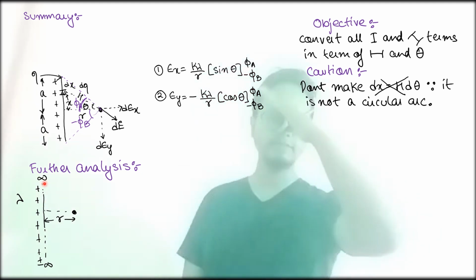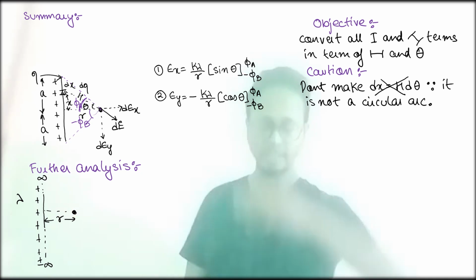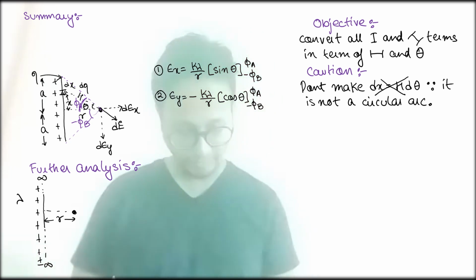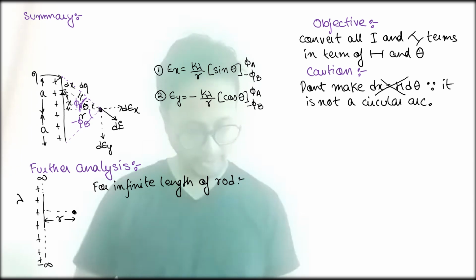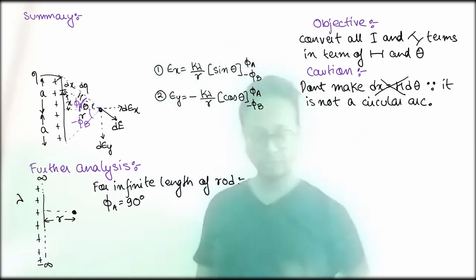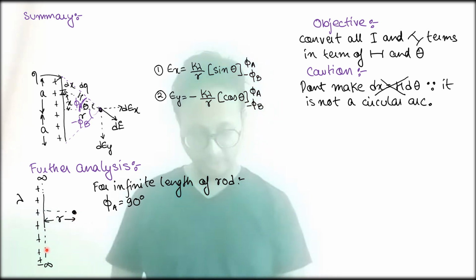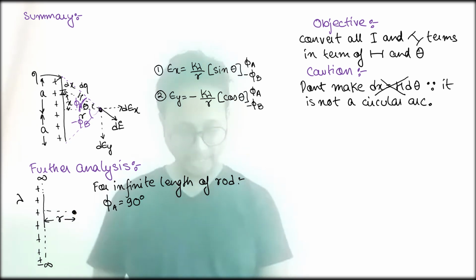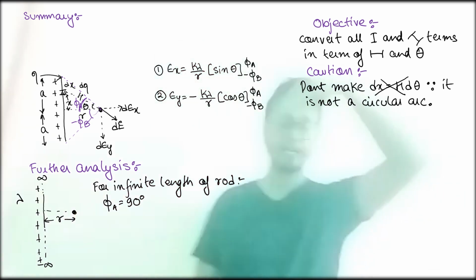As I'm increasing towards infinity, the value of phi a will tend to 90 degrees. So for infinite length of rod, phi a is equal to 90 degrees, and similarly phi b will also equal 90 degrees. So for infinity this angle would be 90 degrees. At 90 degrees, this means the length of the rod is very large.